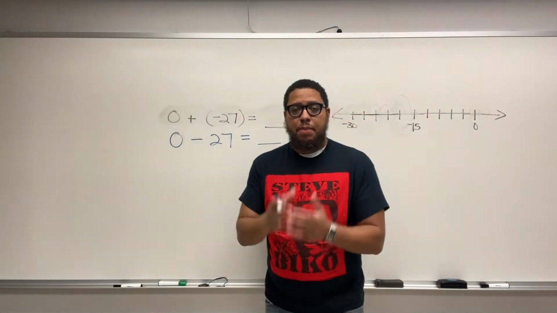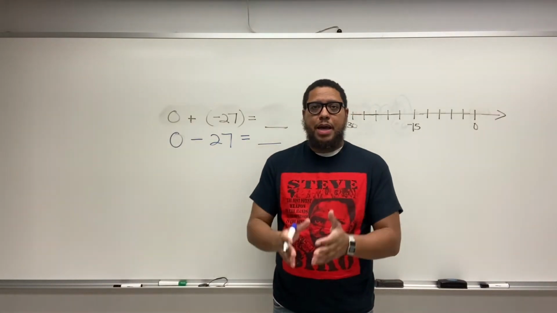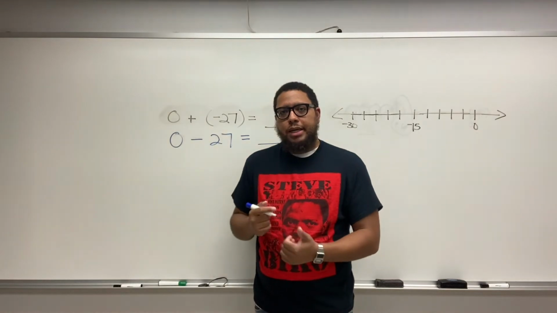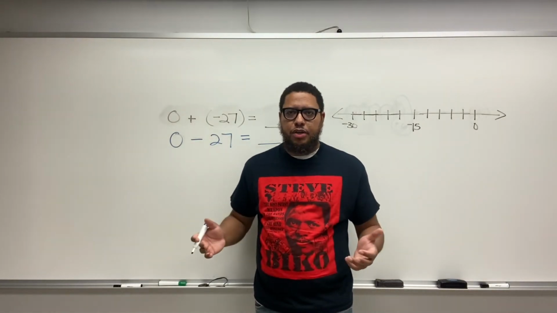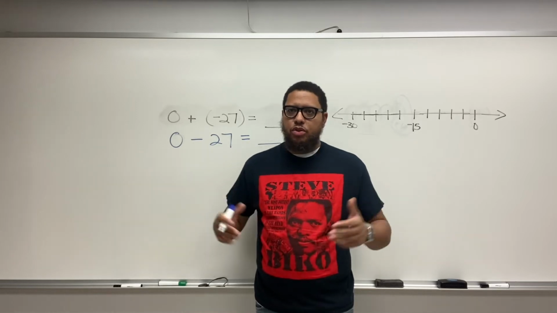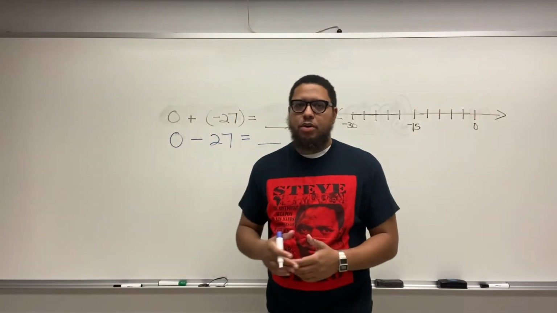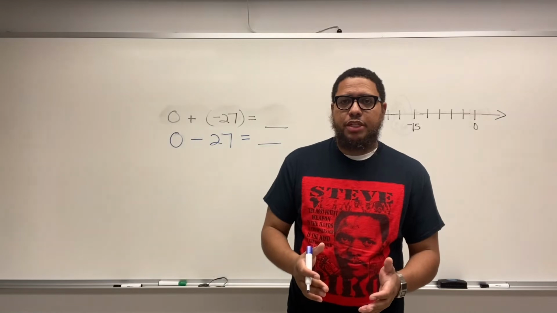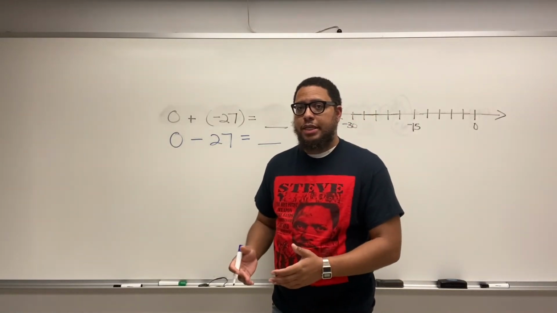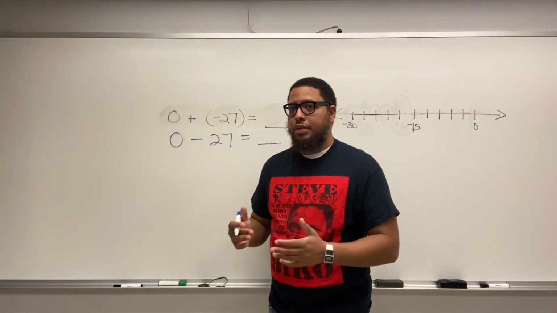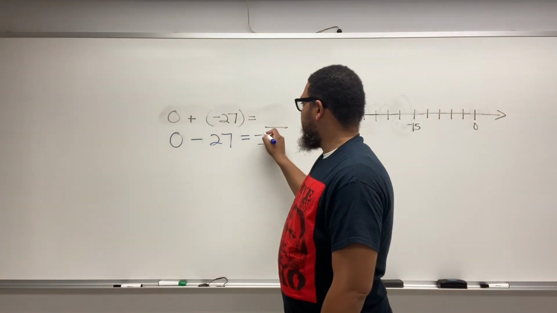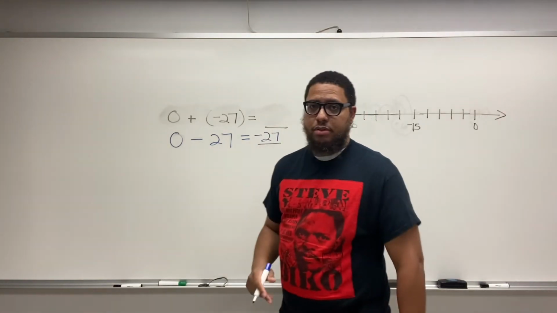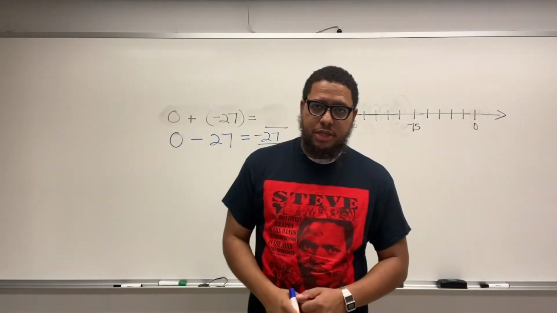Or if your bank account has a balance of 0 and your bank hits you with a fee, whether it's an overdraft fee or an NSF fee, non-sufficient funds, you get a fee of $27. Now your balance is going to be negative $27. So that means that 0 minus 27 is negative 27. That's one way to think about that.